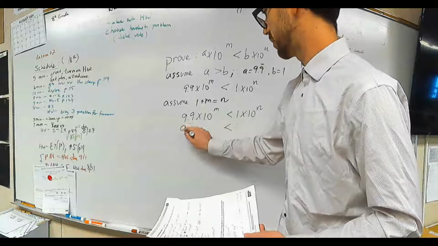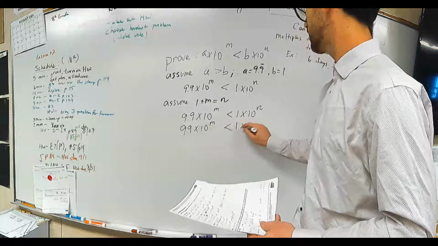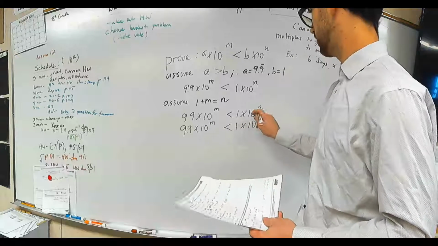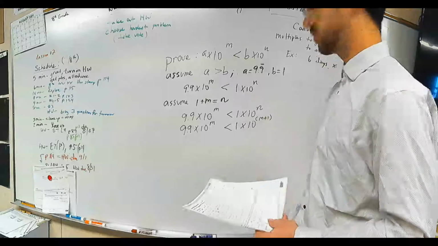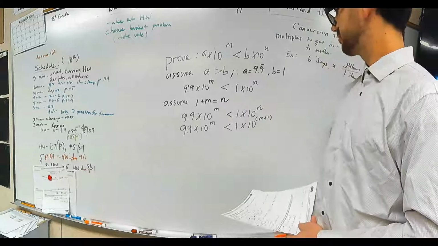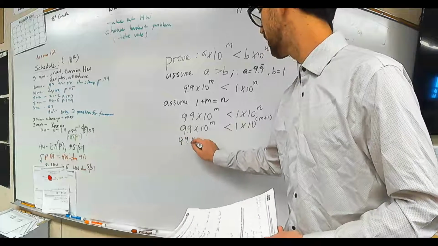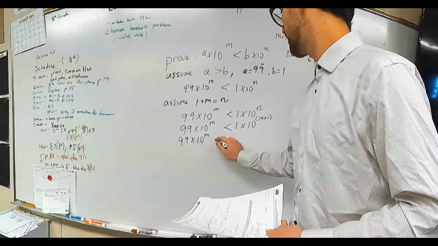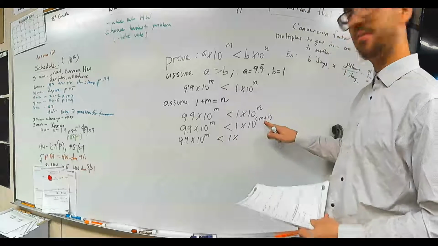Okay, so 9.9 times 10 to the power of m is less than 1 times 10 to the power of, instead of n, I'm going to put m plus 1. Okay, let's prove that this is true. 9.9 times 10 to the power of m is less than 1 times, and here's the coolest trick right here, 10 to the power of m plus 1.